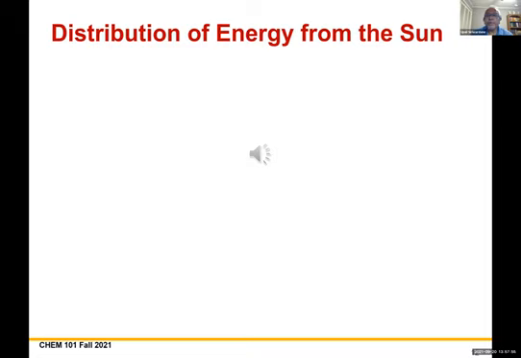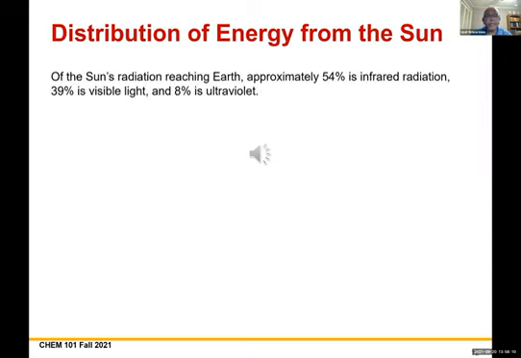So now we're going to look more into the energy of the sun. Look at what kind of radiation mainly comes from the sun. Approximately 54% is infrared radiation.